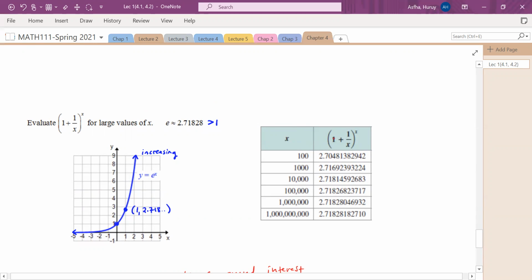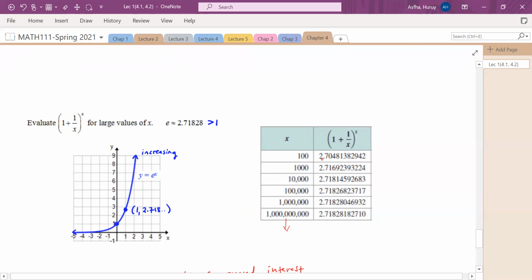For this formula, for example, we have (1 + 1/x) to the power of x. If you evaluate this expression for different values of x, and if you increase the value of x, let's say you start with 1, then you go to 50, 100, 1000, 10,000, and so on, as the value of x increases, this number converges to some special number.